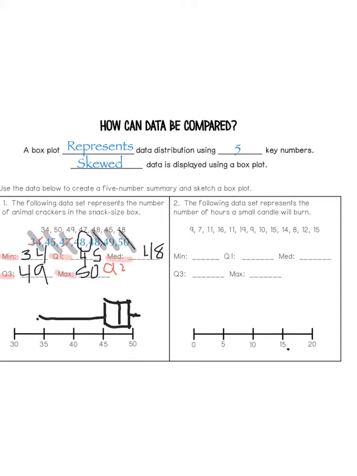Number 2 says the following data set represents the number of hours a small candle will burn. So we're going to arrange these numbers from least to greatest. Once they're arranged from least to greatest, the minimum is 7 and the maximum is 19.